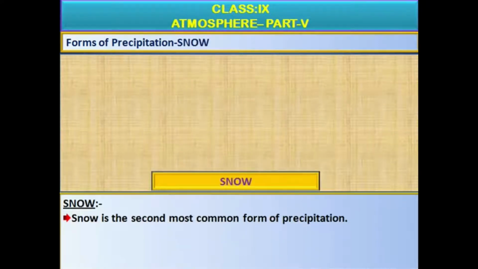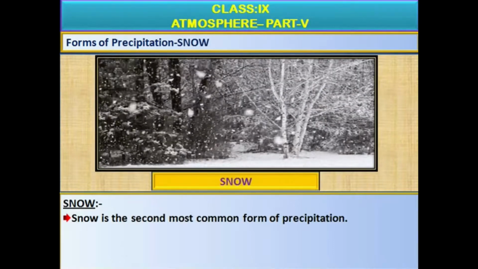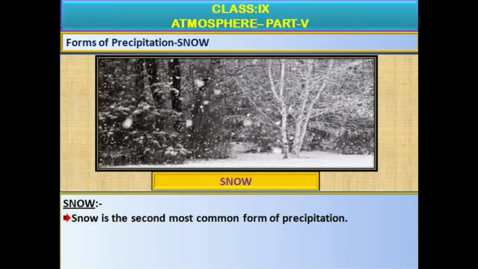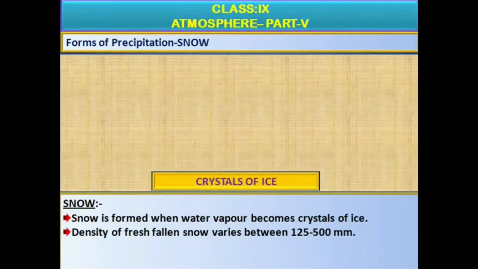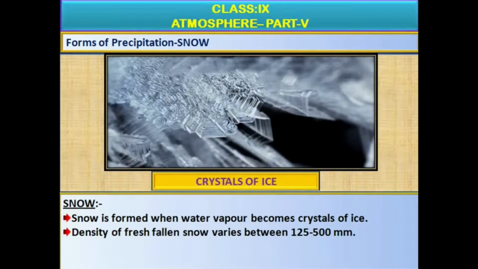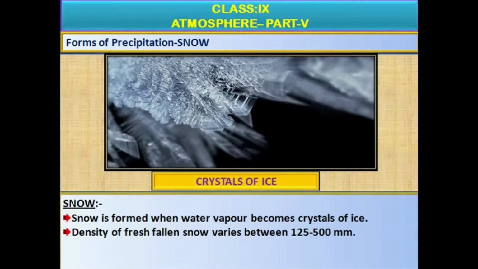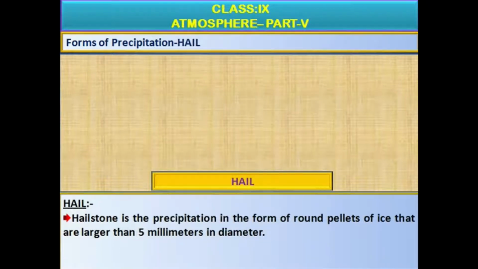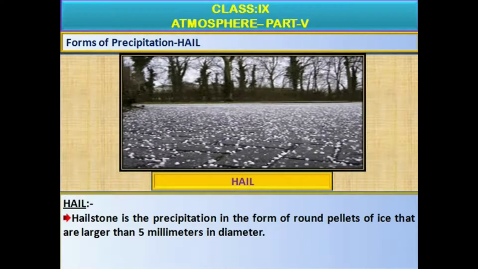Now snow. Snow is the second most common form of precipitation. Density of fresh fallen snow varies between 125 to 500 mm. Hailstone is the precipitation in the form of round pellets of ice that are larger than 5 millimeters in diameter.